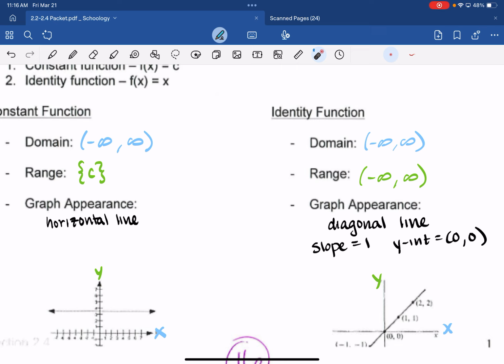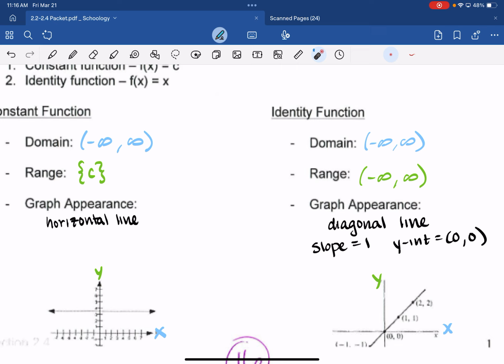Now, it is only the identity if it goes through the origin and its slope is 1. So if we had a 2 out front of the x, that would not be identity anymore. So that's why I specify slope equals 1, y-intercept is (0, 0). We're going to see a bunch of graphs today. For graph appearance, this is the only one that has specific numbers that go in that spot.